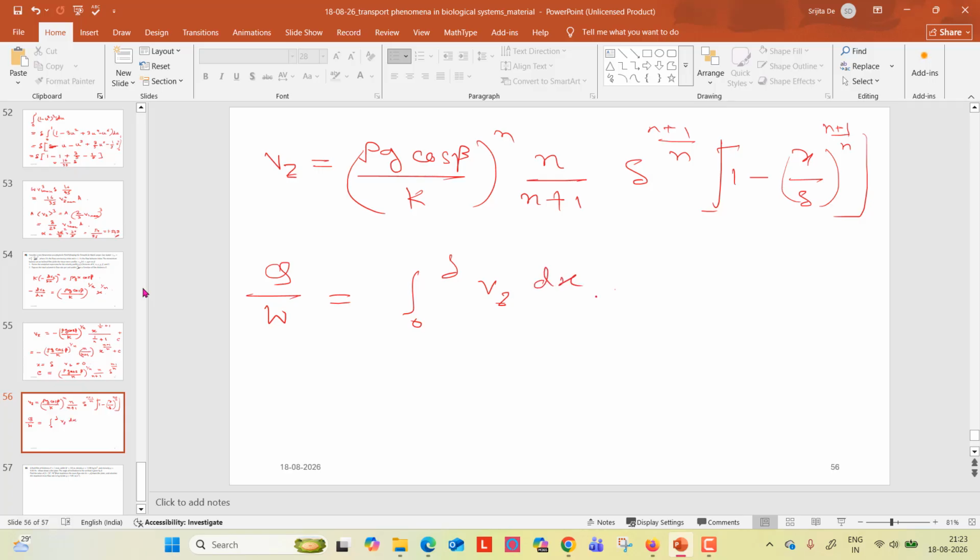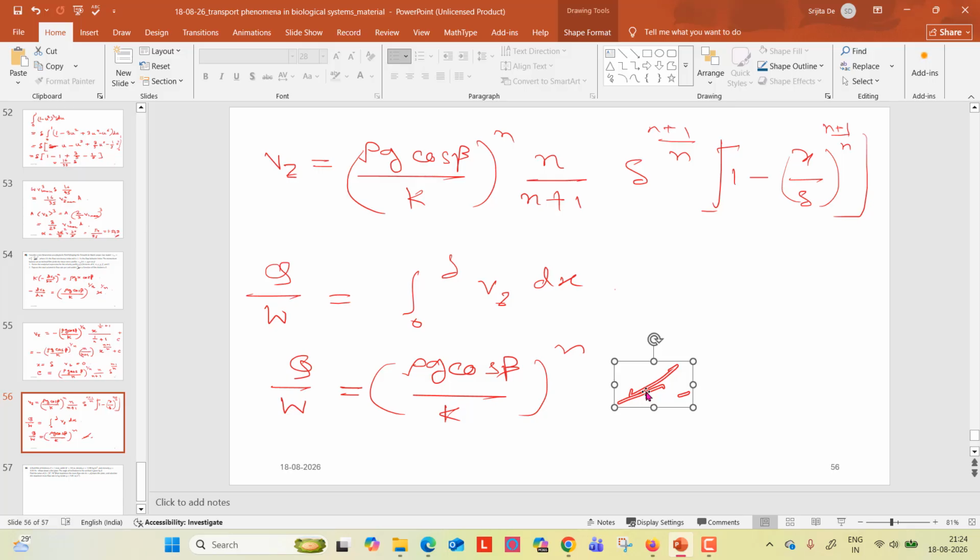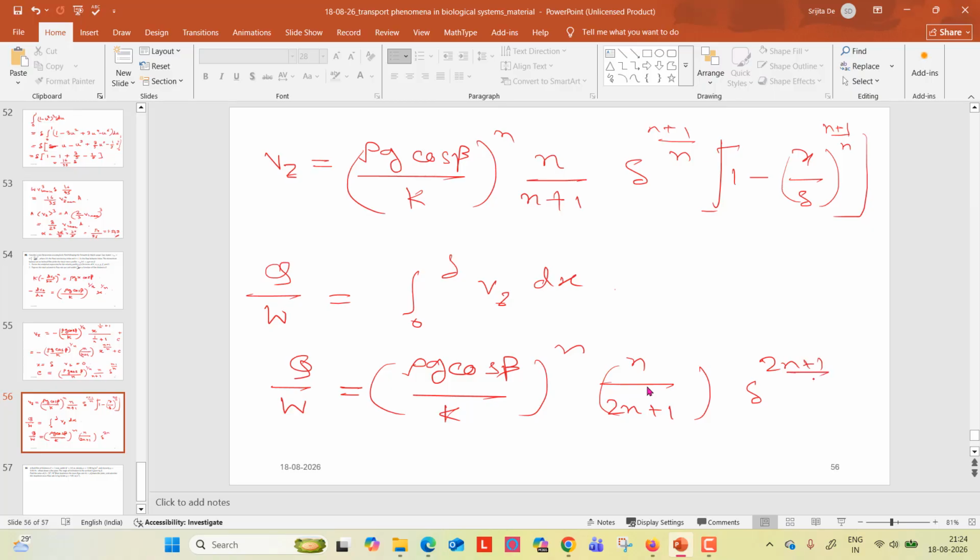You have to do the integration and then you will get the final equation. I am not doing it. Finally, I can write the expression Q by W as rho g cos beta by K to the power 1 by n into n by 2n plus 1 into delta to the power 2n plus 1 by n. Okay, it is just the integration, you do it yourself.